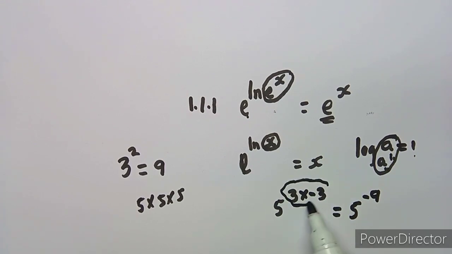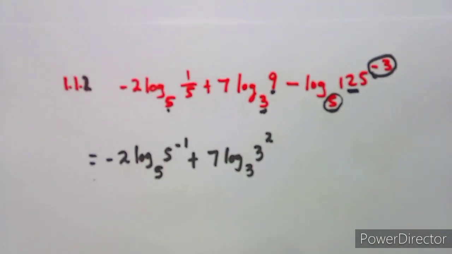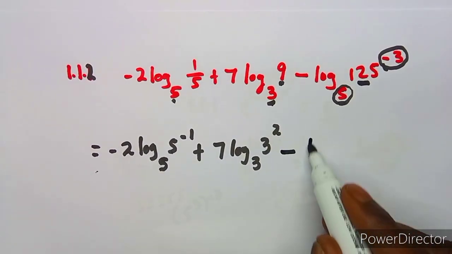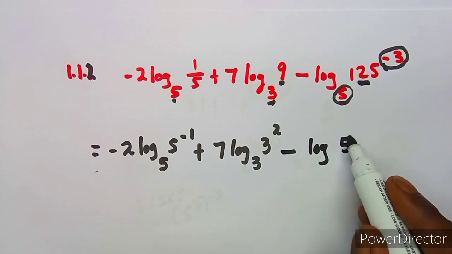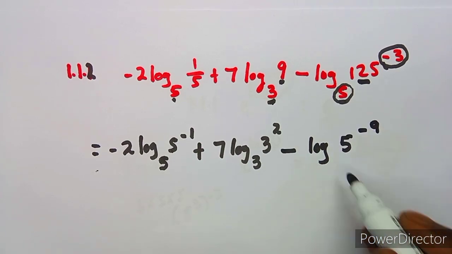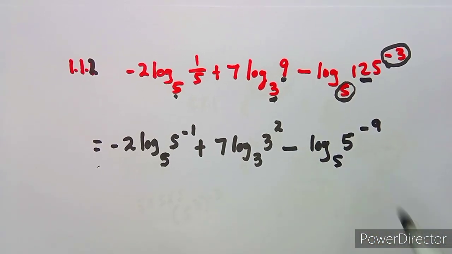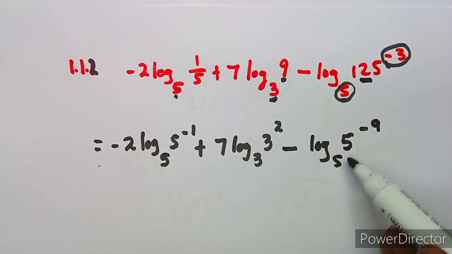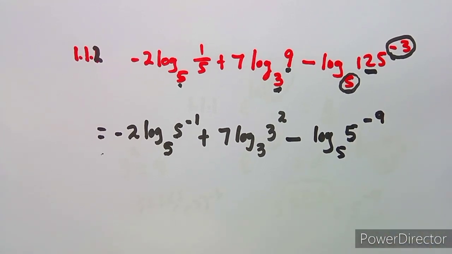Take note, there was already an exponent of negative 3, so it's going to be 5 to the exponent of 3 to the exponent of minus 3, like this, which is going to give us 5 to the exponent of negative 9. So that means we have got minus log 5 to the exponent of negative 9, which is in base 5. So what we need is to have this 5 and this 5. All right.